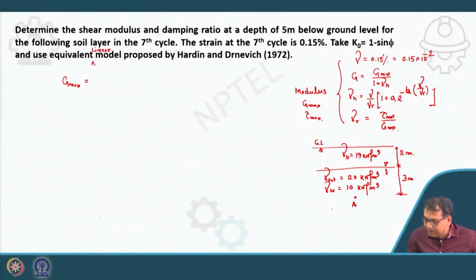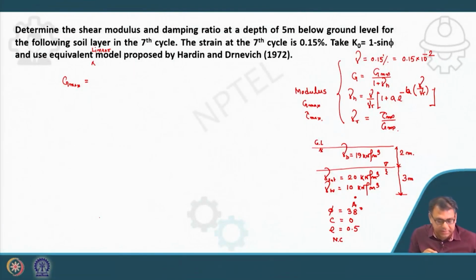It is a sandy soil, phi value is 38 degree, C value is 0, and E value is 0.5, and it is normally consolidated, or NC, soil.